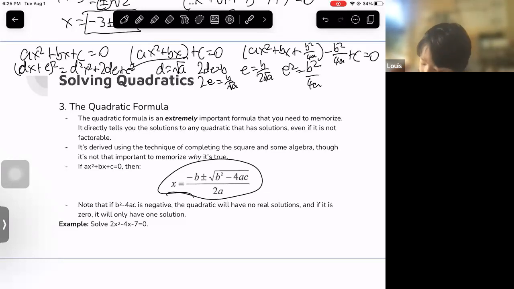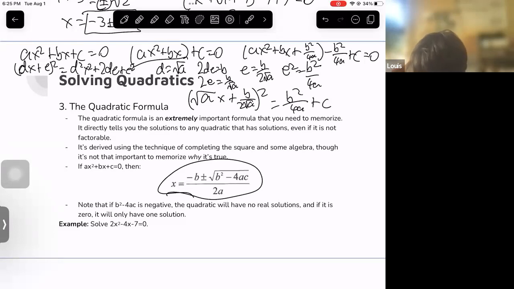So we would have that root a times x plus b over 2 root a, squared, equals b squared over 4a minus c.